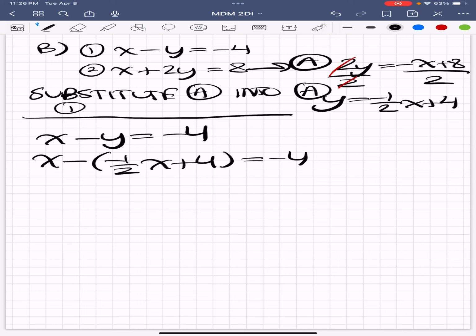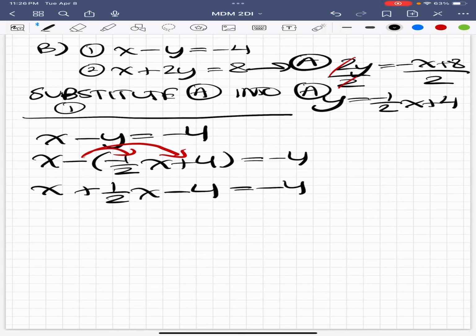And again, we have to expand this negative 1 into the brackets. So we have x plus 1/2 x minus 4 equals negative 4.